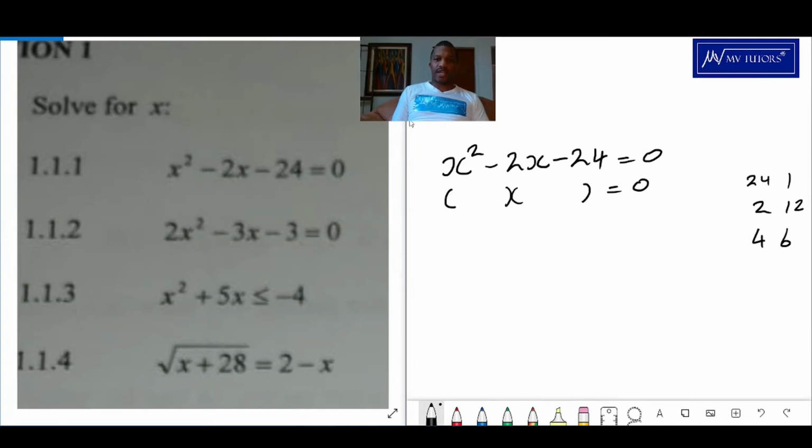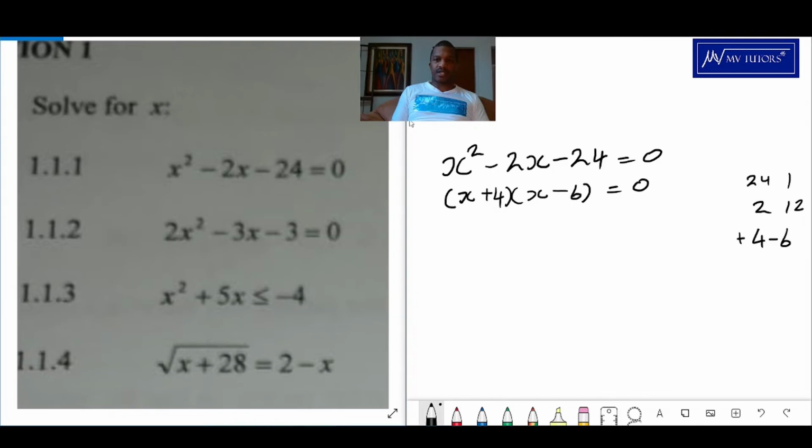Now, how can I get a negative 2? Well, basically, I have to say plus 4 minus 6. Okay, and then that will give me a minus 2. So that satisfies it. So (x + 4)(x - 6), I put it exactly as it is.